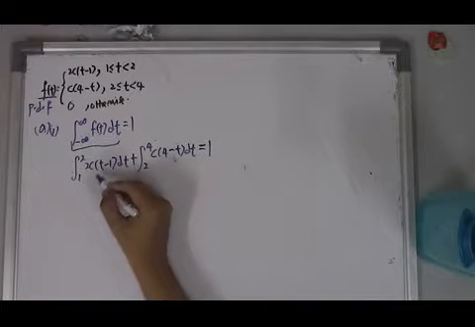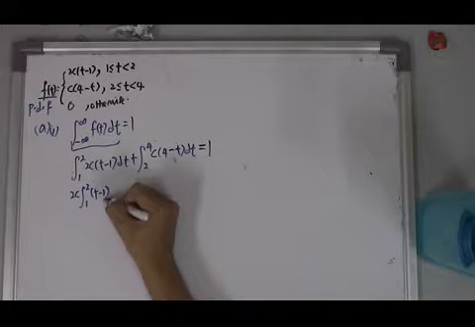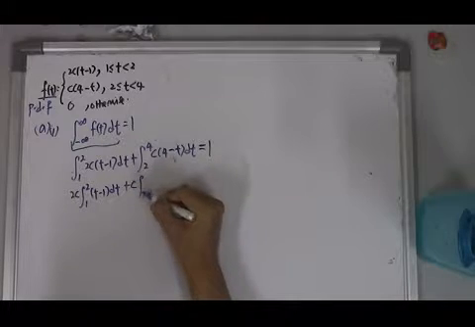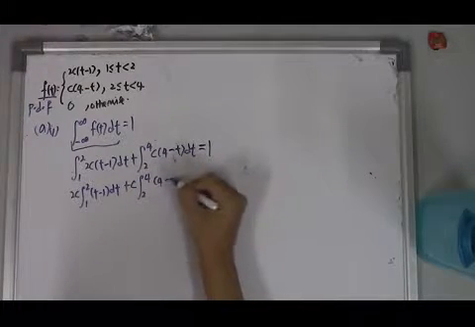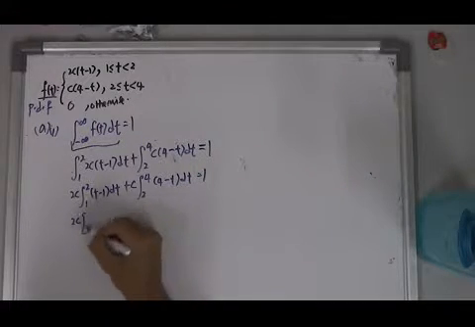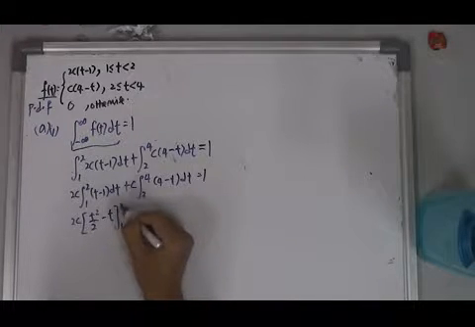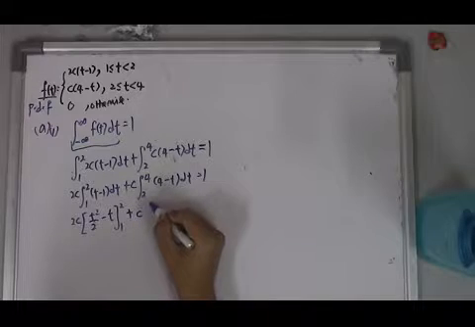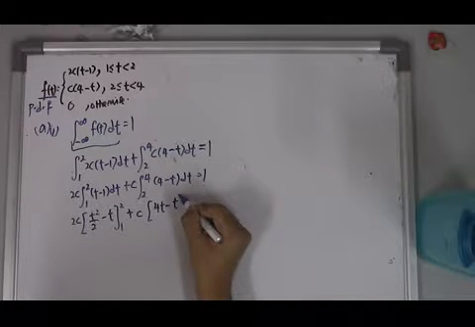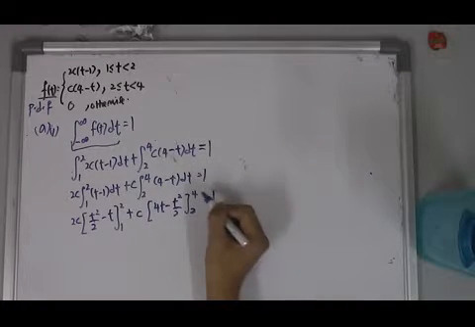Now I take out the 2c: integral from 1 to 2 of (t minus 1) dt, plus, taking out the c, integral from 2 to 4 of (4 minus t) dt, equals 1. Integrating the inside, it becomes t squared over 2 minus t from 1 to 2, plus c times 4t minus t squared over 2 from 2 to 4, all equals 1.